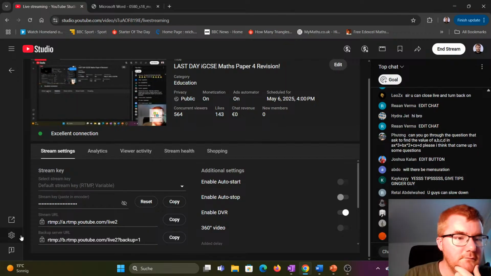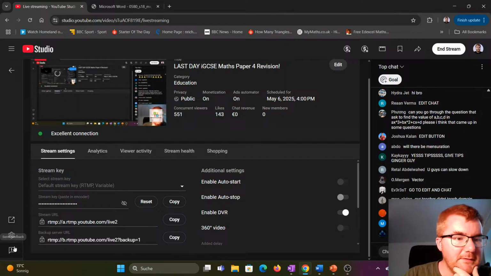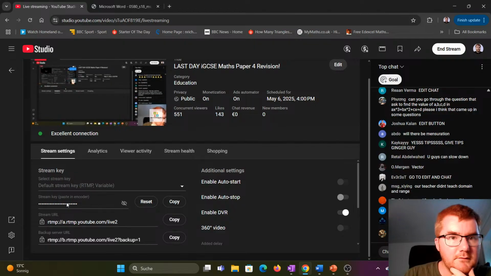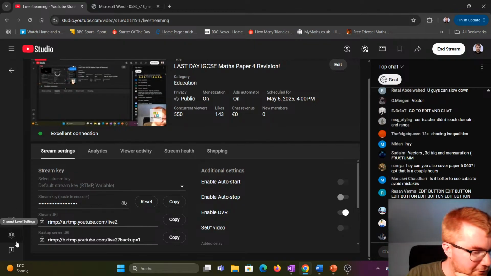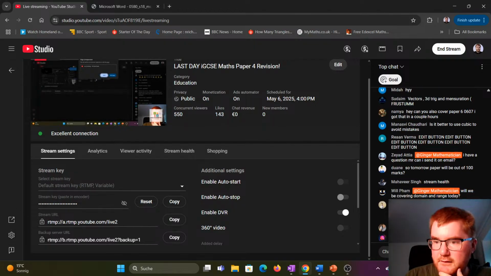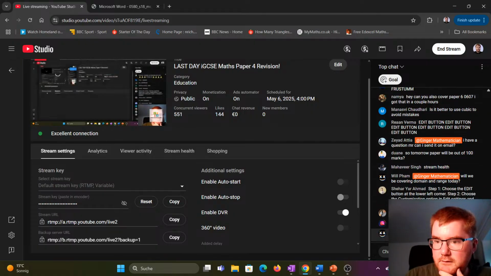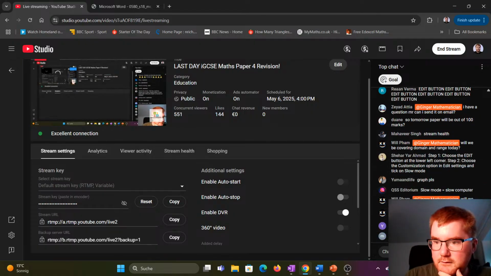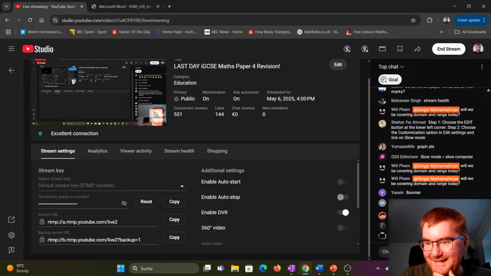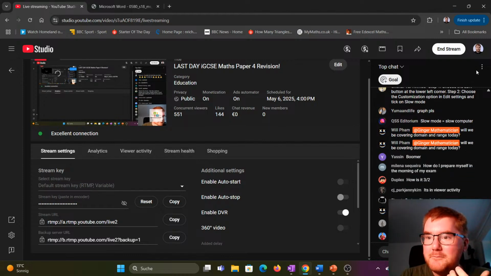Edit button. That's channel level settings. Pop out dashboard. I'm in the bottom left corner. Oh, edit chat. Ah. Boom. Well, I'm looking. I'm doing my best.